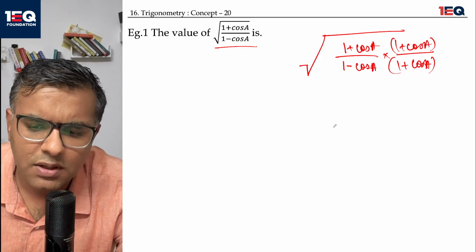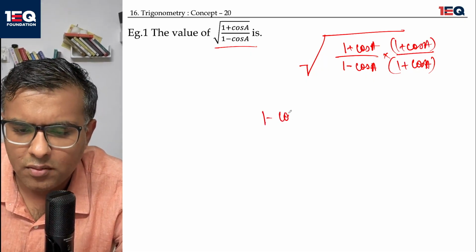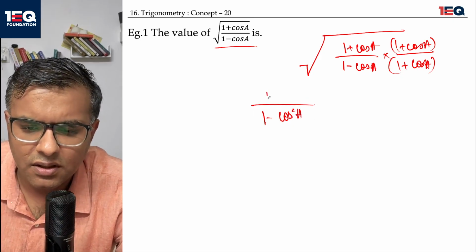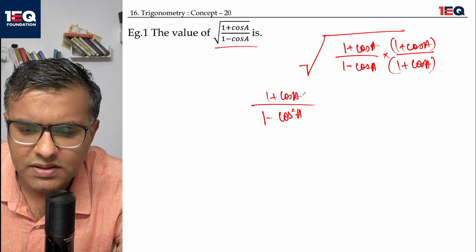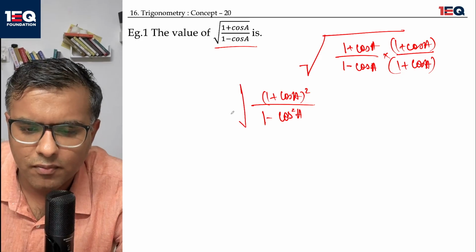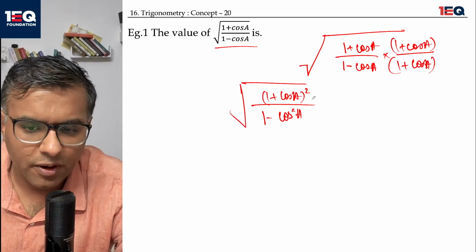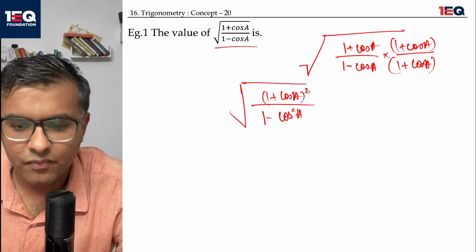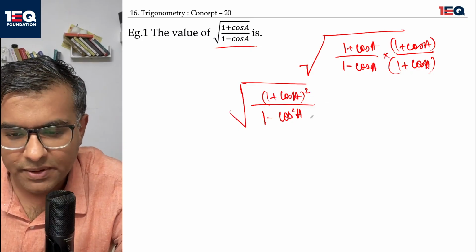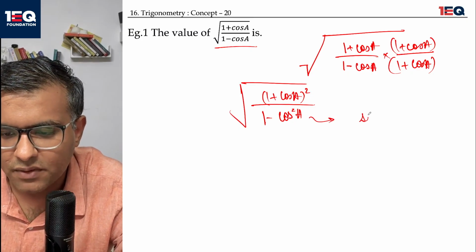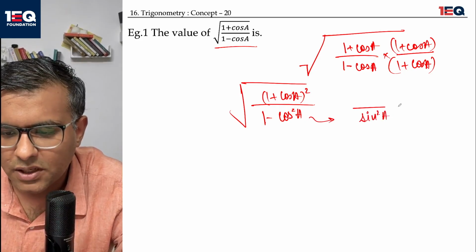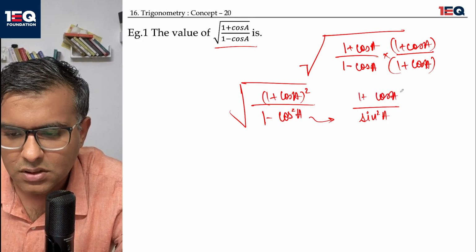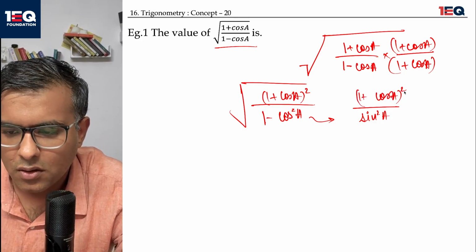That will give me 1 minus cos²A using the identity of (a plus b)(a minus b), and 1 plus cos A whole squared. The numerator part is sorted. Now the root can be removed from here, but in the denominator it can't be done yet. 1 minus cos²A should be converted to sin²A, then 1 plus cos A whole squared.